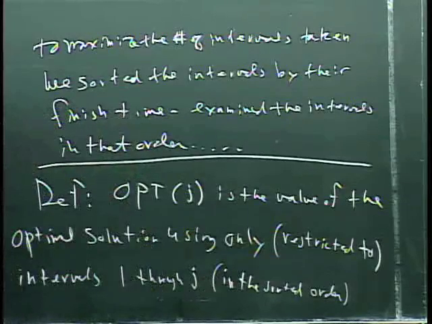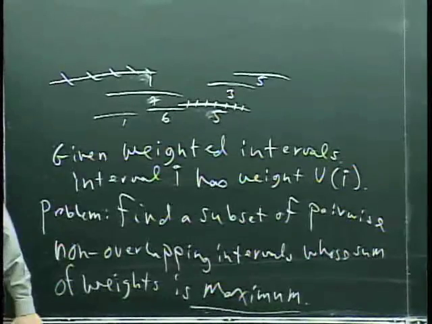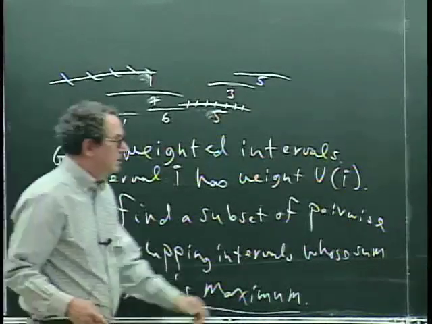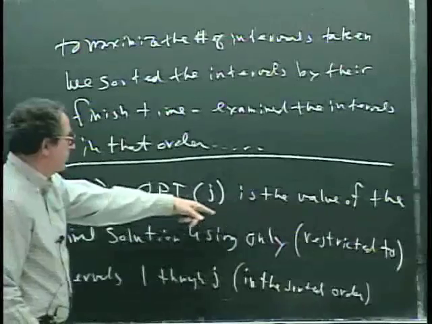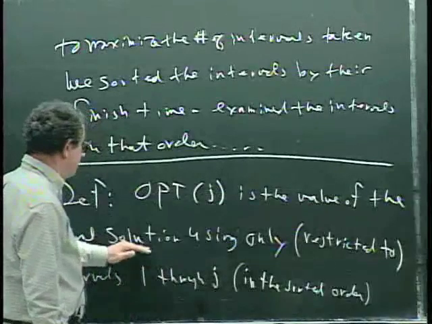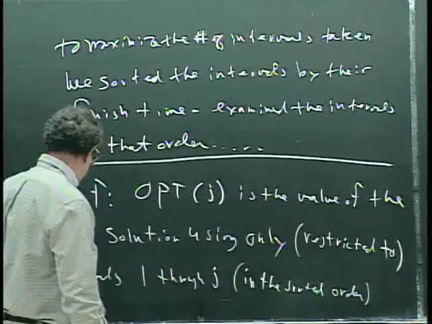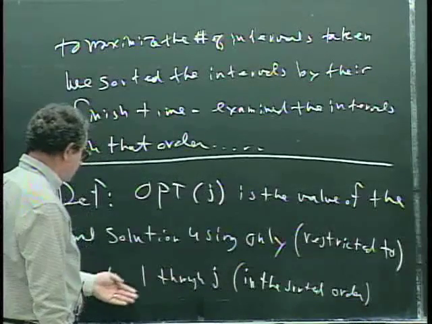So just intervals 1 through j, and so initially, what's opt of 1? Opt of 1 refers to the value of the optimal solution using only intervals 1 through j.